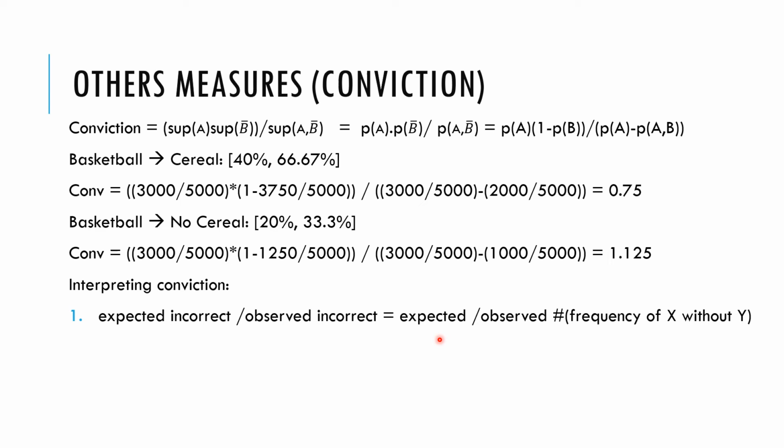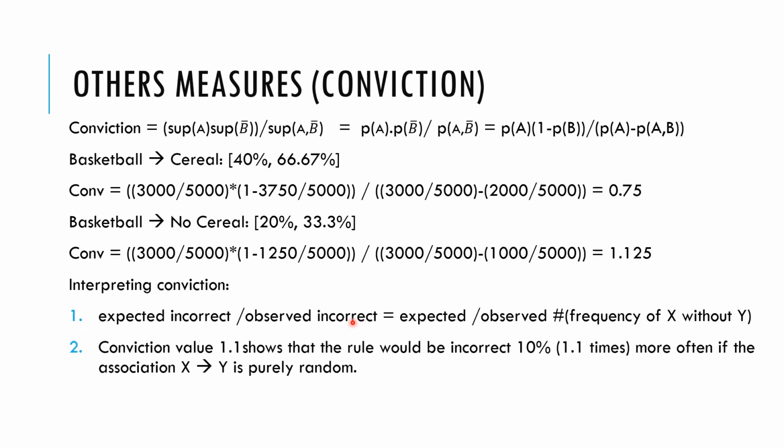That is, the expected frequency of X without Y when X and Y are independent, divided by the observed frequency of X without Y. So when the conviction value is 1.1, it means that the rule would be incorrect 10% of the time, or 1.1 times more often, if the association XY is purely random.